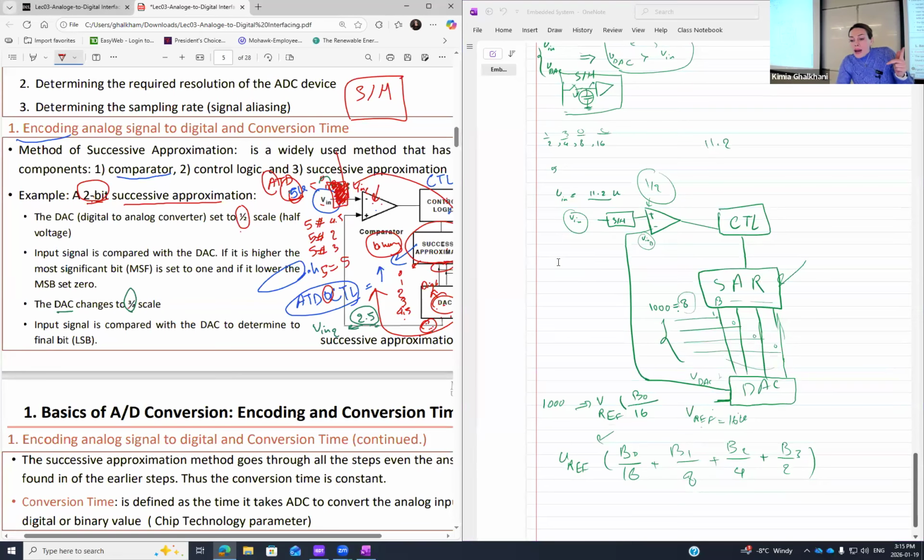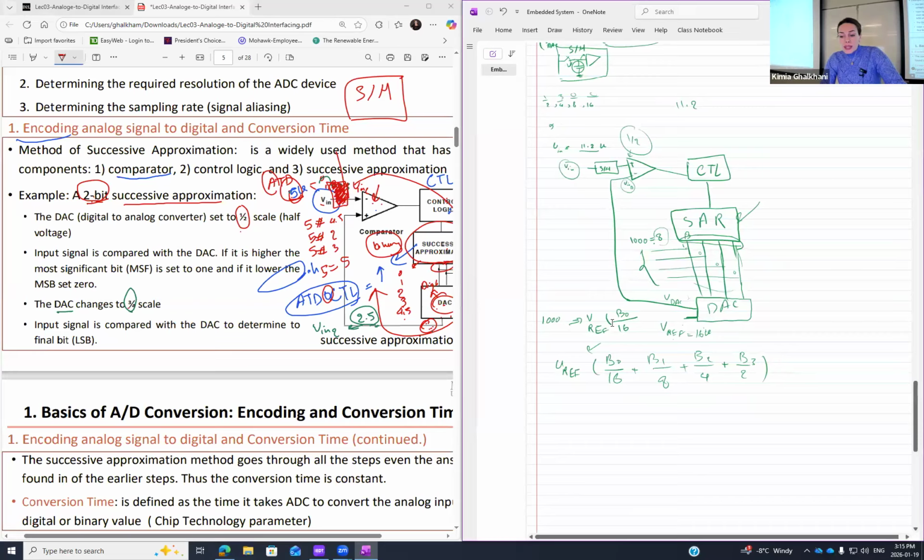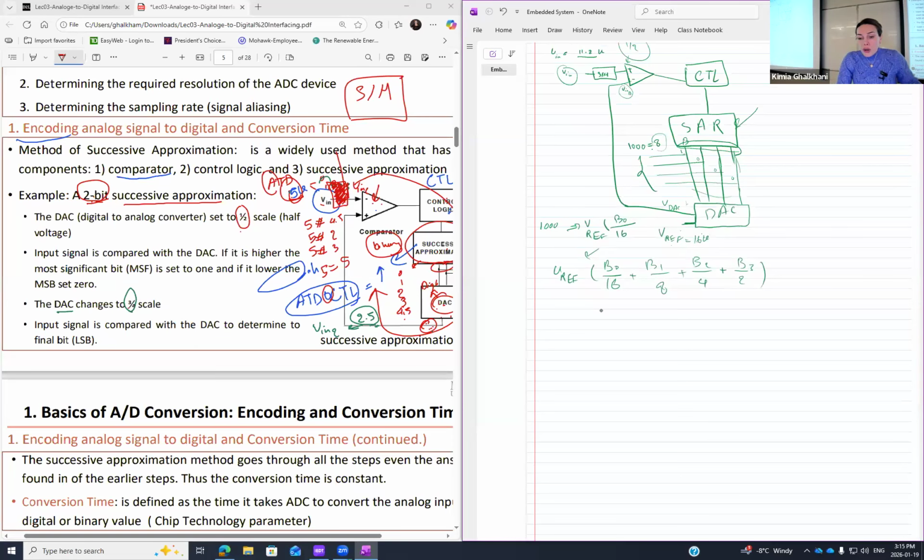But in here I'm having 4 bits. That's why I say I leave this empty. It's a factor of how many bits I have. If I have 8 bits, it's going to be different than when I have 2 bits or when I have 3 bits, and so on. Now, let me draw this one to make it a bit more clear for you.